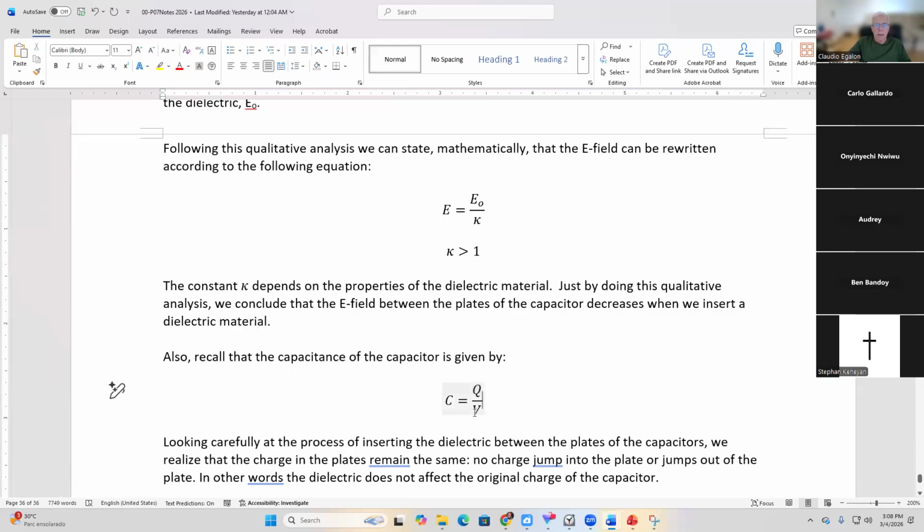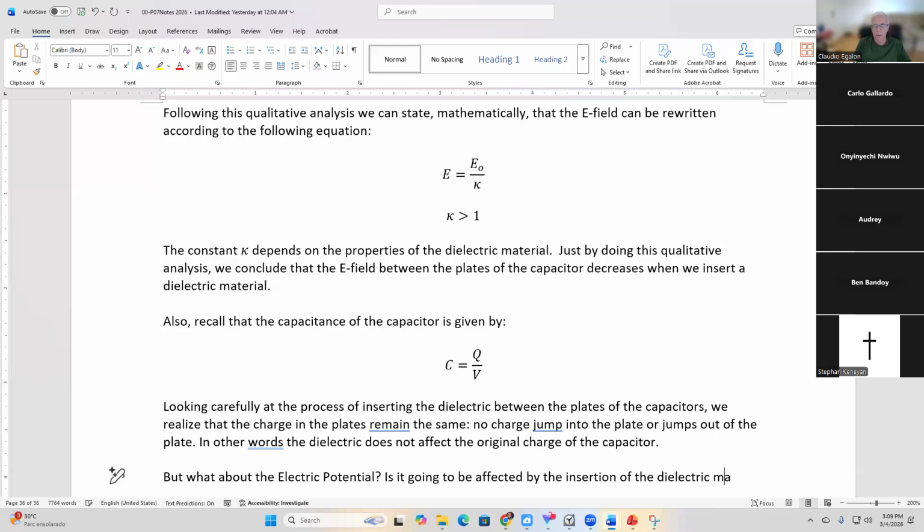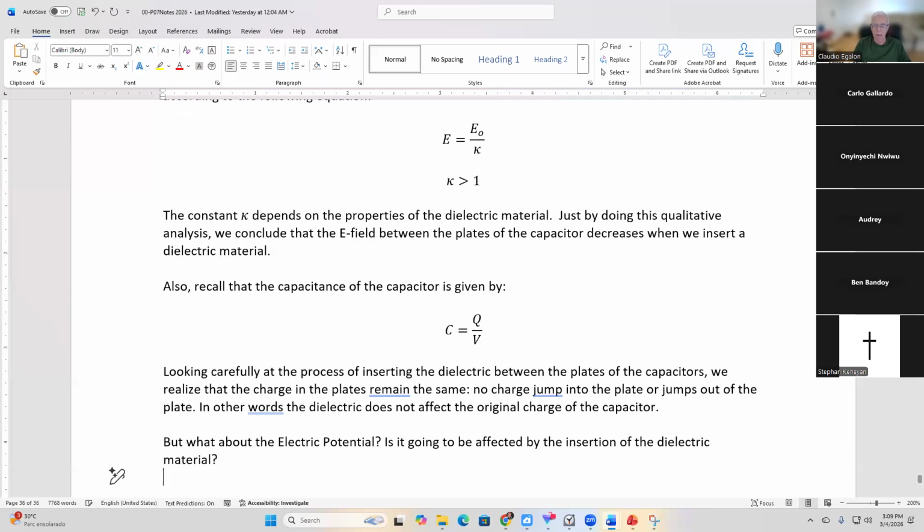But what about the electric potential? The question is, is it going to be affected by the insertion of the dielectric material? That's what we must ask, okay?